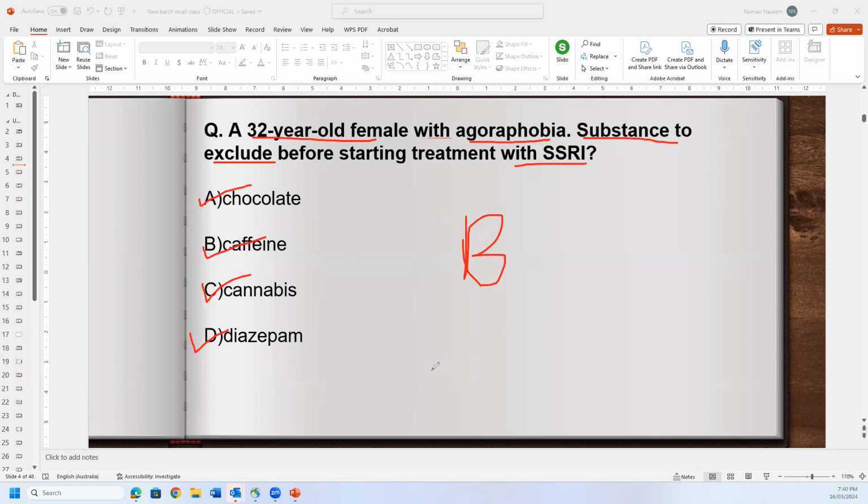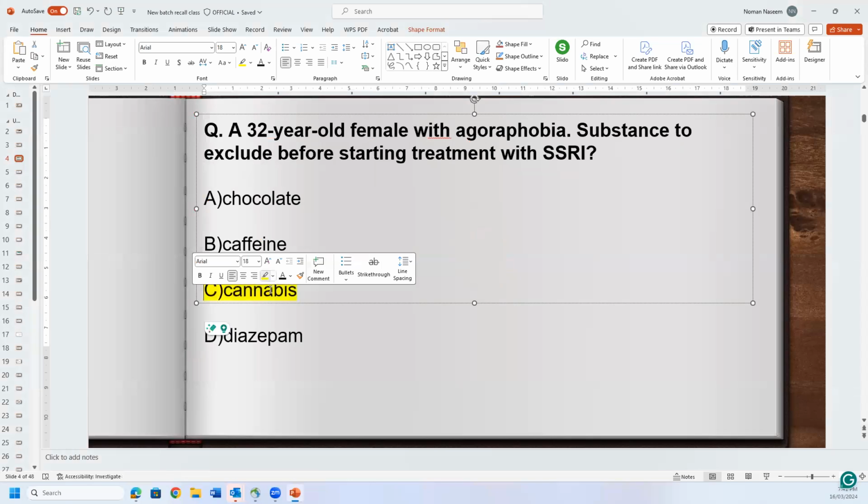Very good, Dr. Madhupriya. So it's cannabis. Cannabis causes serotonin syndrome if given with an SSRI because it increases the concentration of the SSRI in the body, and that leads to serotonin syndrome. So any patient who has to be started on an SSRI, there are a couple of medications that we need to be very careful about, and we should always ask them about any substance misuse.